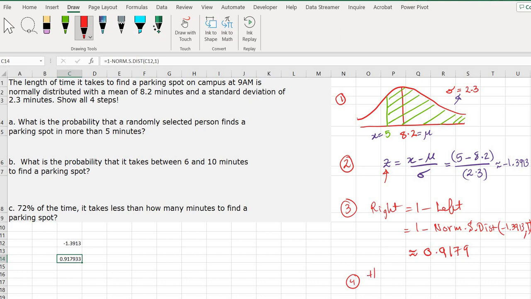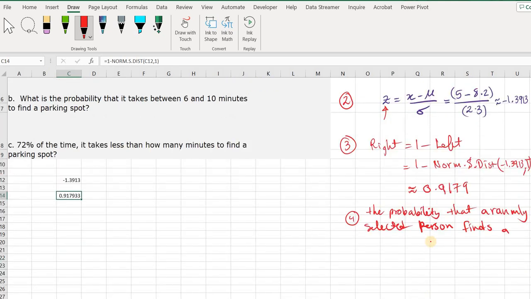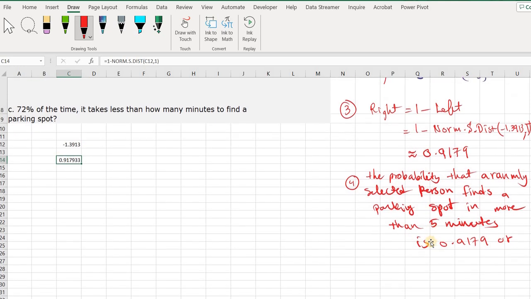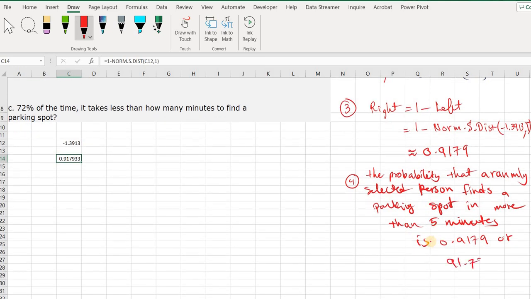So the probability that a randomly selected person finds a parking spot in more than 5 minutes is 0.9179, or 91.79%.